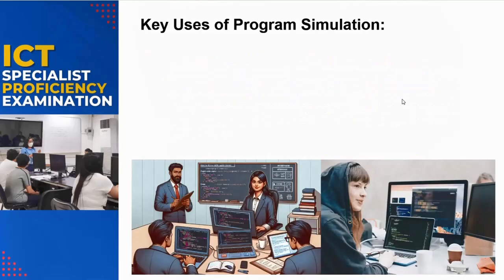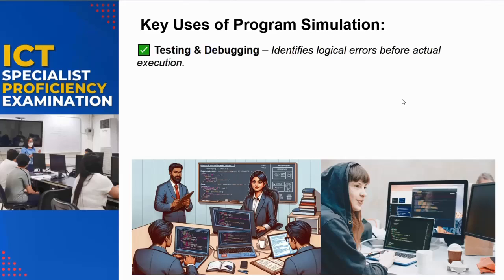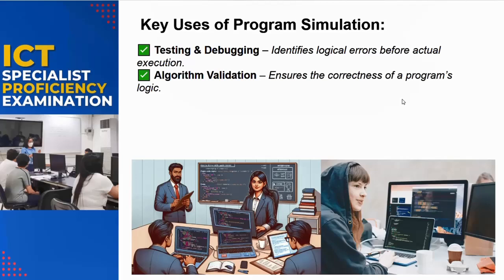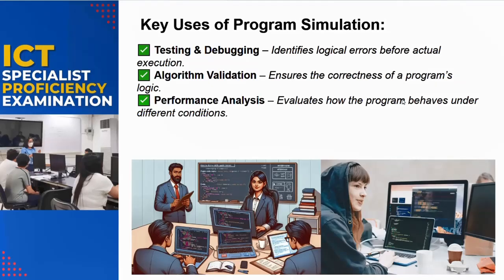So what are the key uses of program simulation? Program simulation is a valuable technique used in various aspects of programming. Here are some of its key uses. One is testing and debugging. It helps identify logical errors before actual execution, allowing us to fix issues early in development. Algorithm validation. By simulating the program step by step, we can ensure that our logic is correct and produces the expected output. Performance analysis.